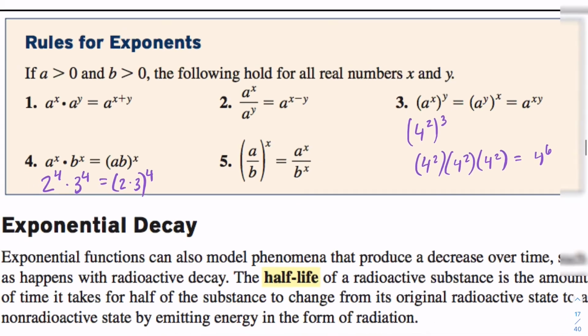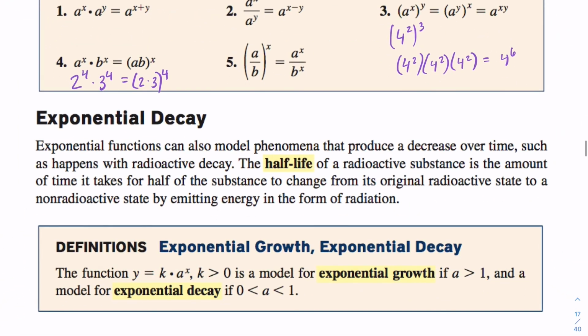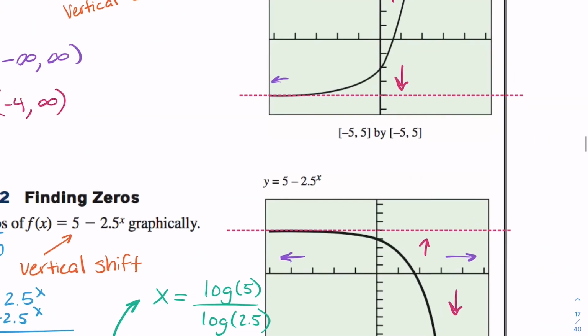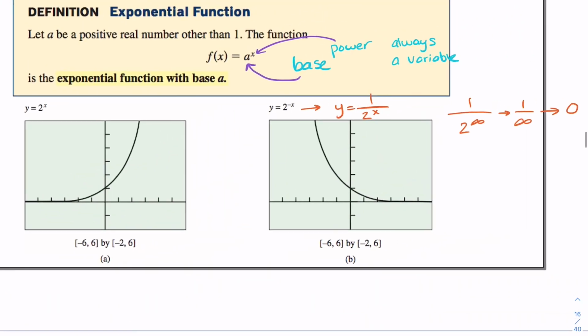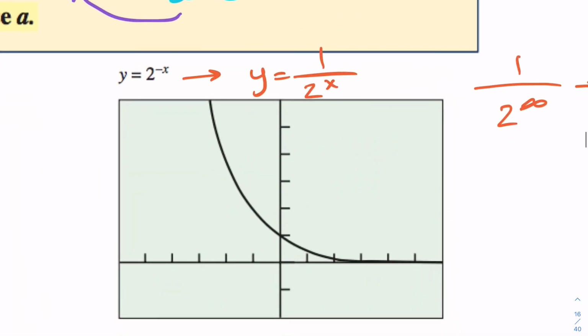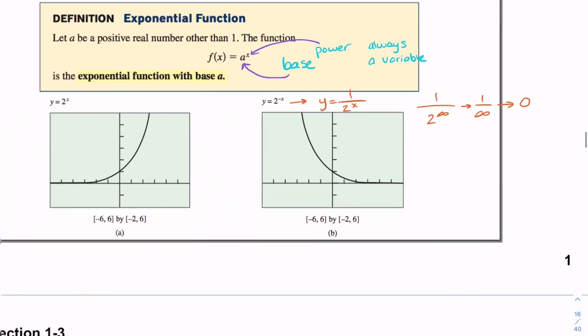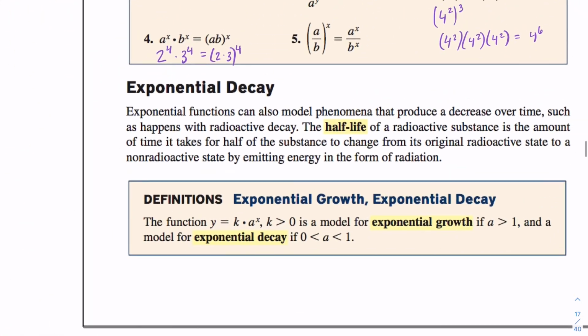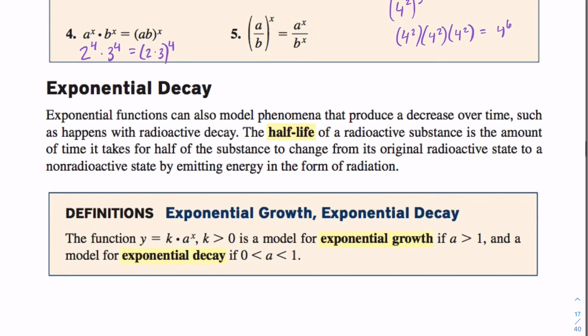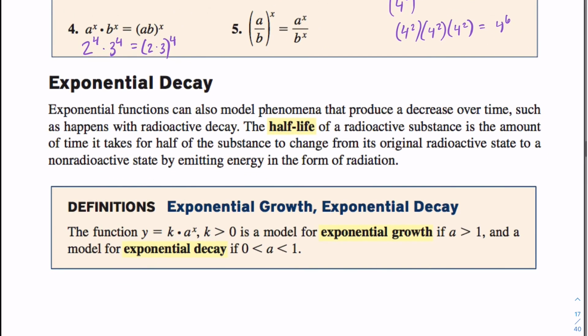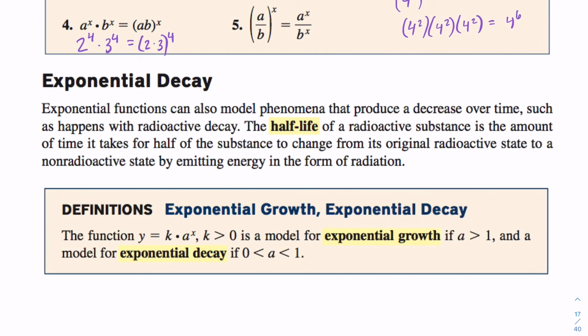All right. Now, exponential decay is what a function like this would look like. A decaying function is something dying or dissipating. You've heard of things like half-life. When a nuclear power plant produces waste, that waste has a half-life of radioactivity.